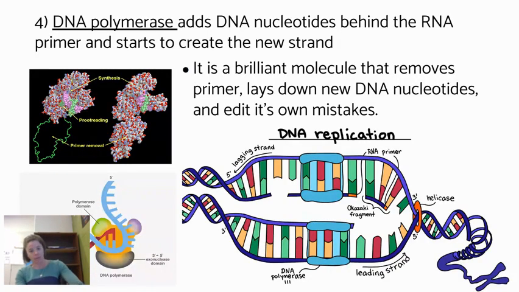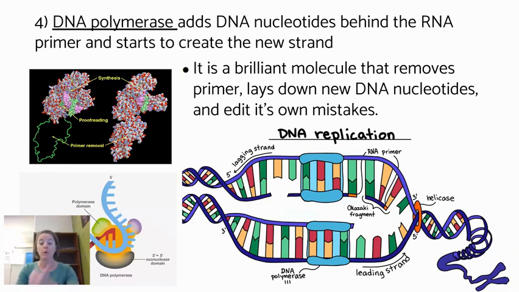Once primase puts that flag in the ground, then this other enzyme called DNA polymerase can come, and it actually latches, it kind of hops on. You can see what that molecule looks like. And it is so amazing. It is super cool. It is a triple function enzyme in here.